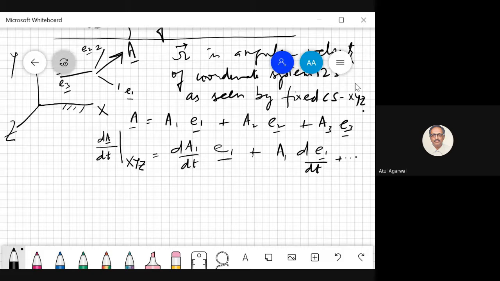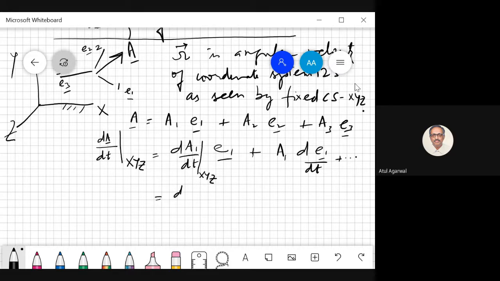Now what is dA1 by dt? A1 is a component of the vector A in the E1, 2, 3 system. Now A1 is a scalar. This scalar you are measuring with the 1, 2, 3 system.